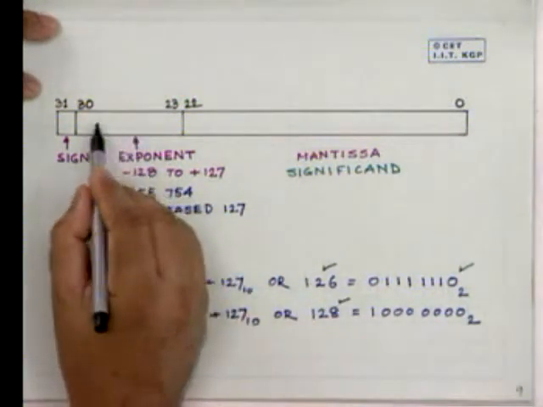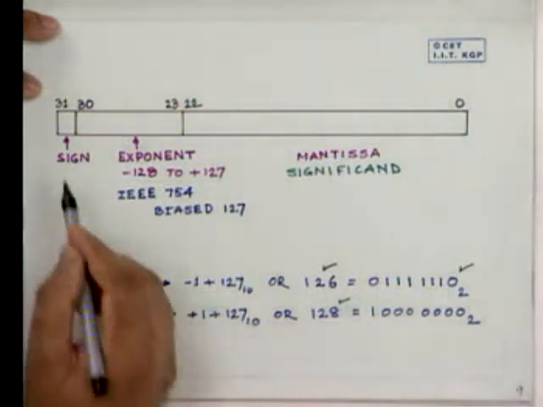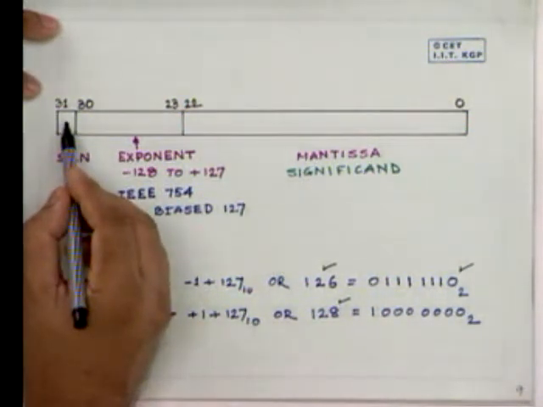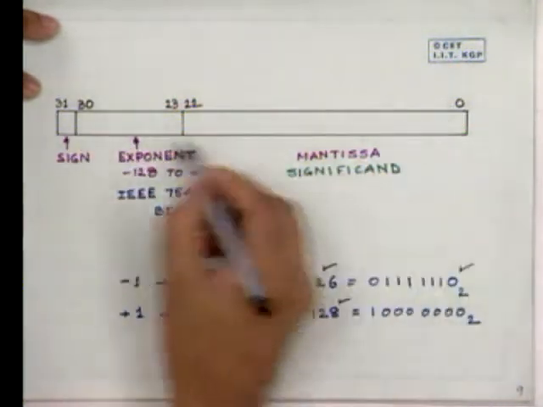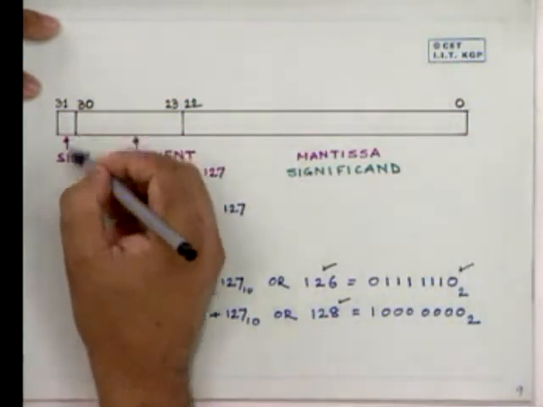Now, the reason for such a representation is this: the sign bit is brought to the first position so that immediately the sign of the number can be known.